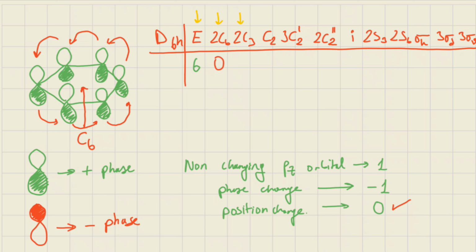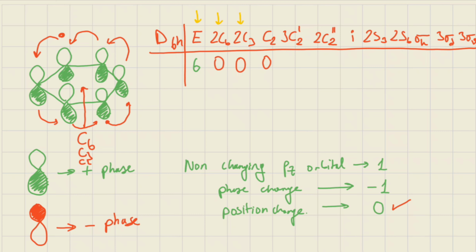And we have C3, again the same thing is happening, so the answer is 0. C2 is also here, and therefore it is 0 since, for instance, this one goes to here. Therefore position change occurs, which means that the answer is 0.